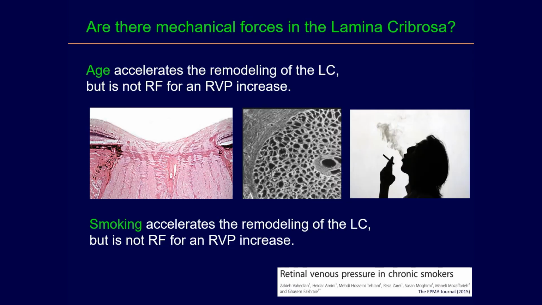The lamina cribrosa undergoes a significant aging process, which is further accelerated by smoking, but neither age nor smoking affect the retinal venous pressure.